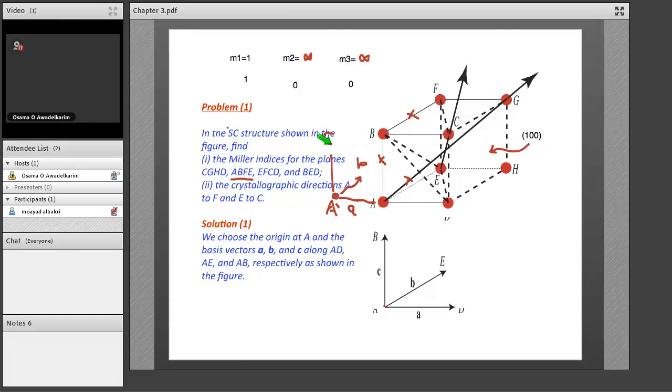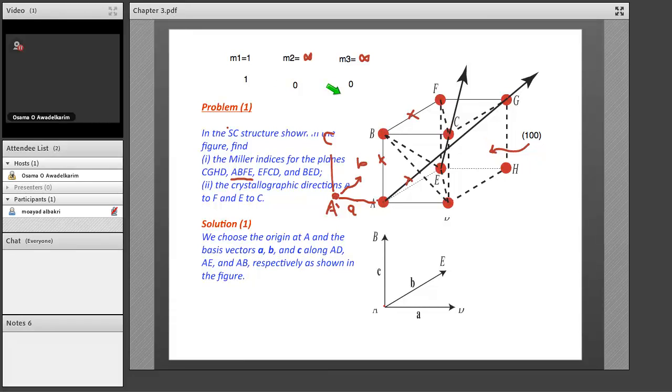Okay? And now, if you do this, you can immediately see that this plane has intercepts which are 1 along A, the same intercept here, M1 equals 1, and then M2 equals infinity along B, and M3 equals infinity along C. So the Miller indices, when you take the reciprocal and take the smallest numbers, is again 1, 0, 0.